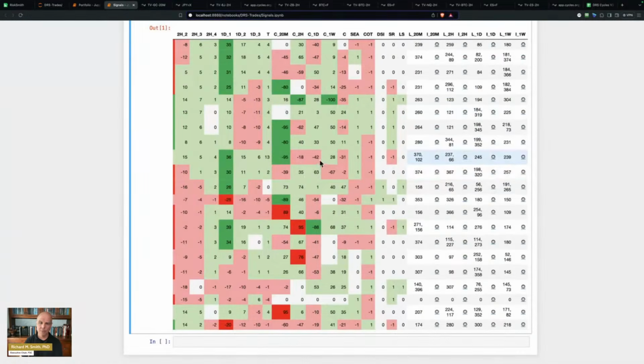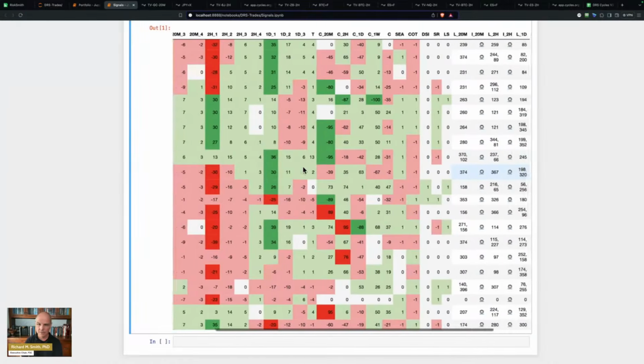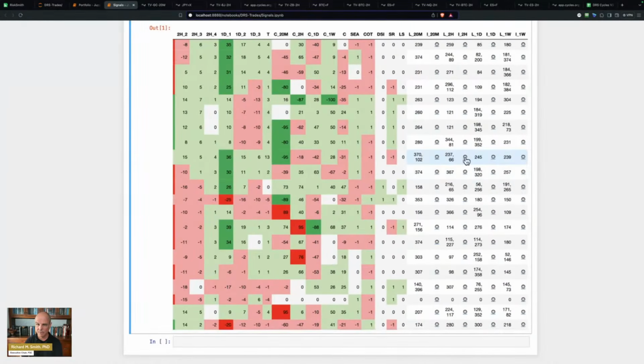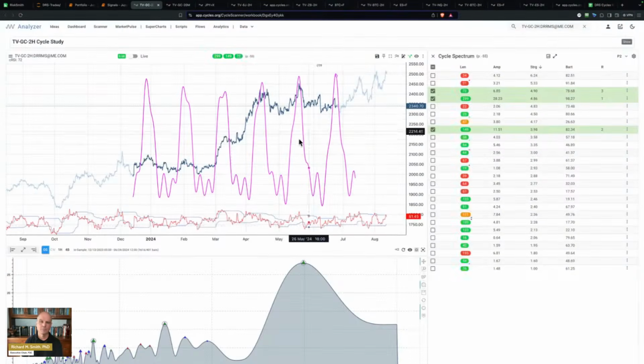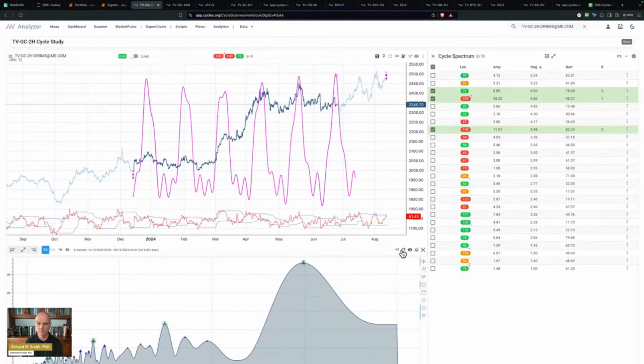Let's look at the 2 hours in gold. So where's that? I think this is it. Yep, 370 and 102. So the 2 hour in gold, getting all the latest data. We got this 299, 149, and 72. So those are harmonics, you know, a 1, 2, and 149 to 299, that's a 1, 2 also.